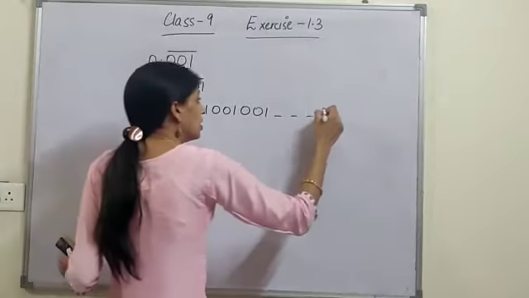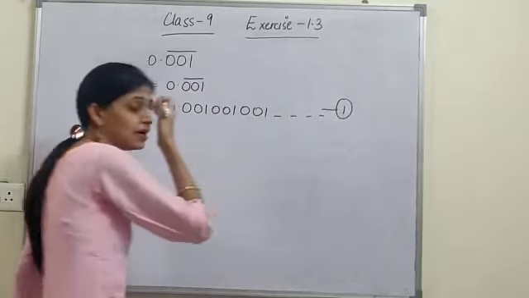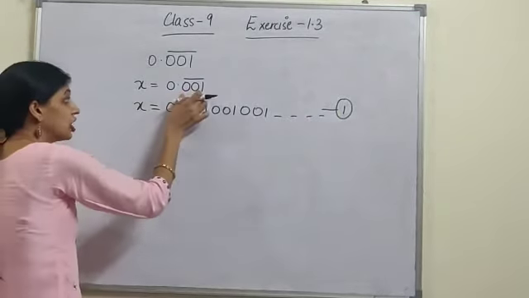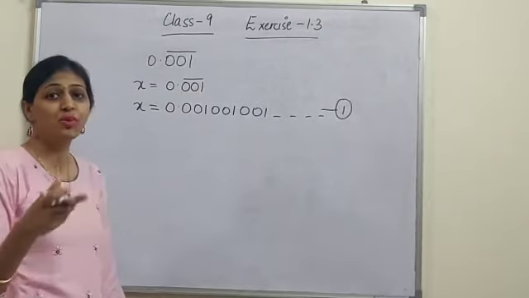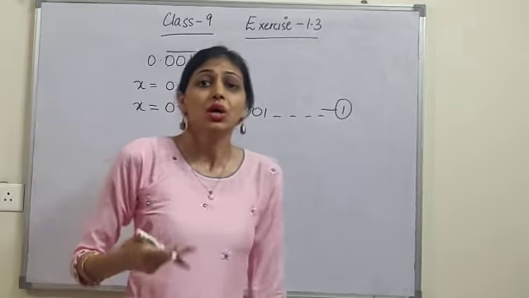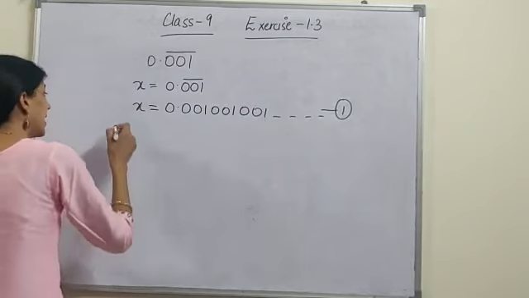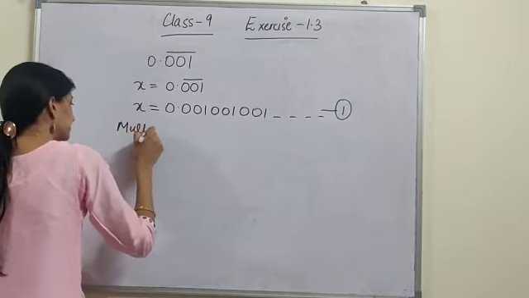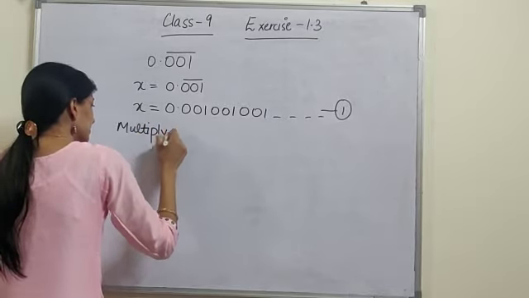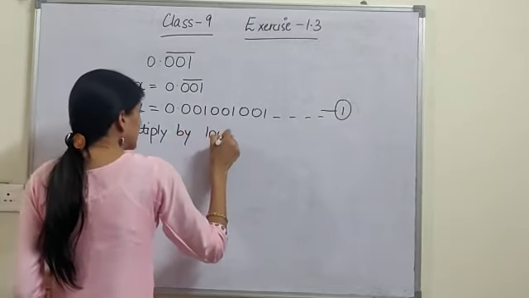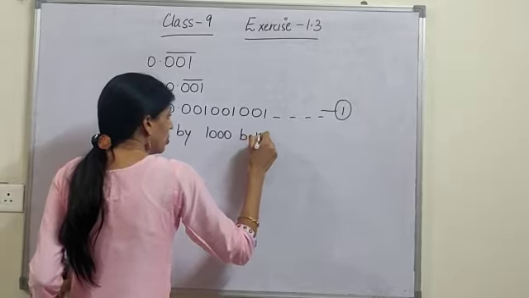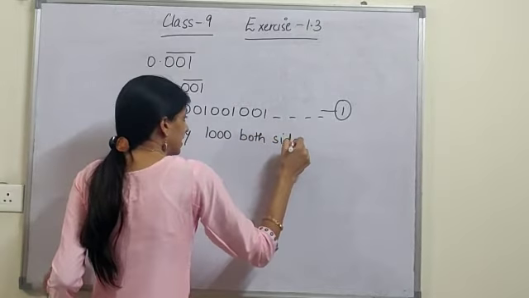This is your 1. Now, if the bar is on 3 numbers, then we have to multiply both sides with a number which has 3 zeros. So multiply by 1000 both sides.